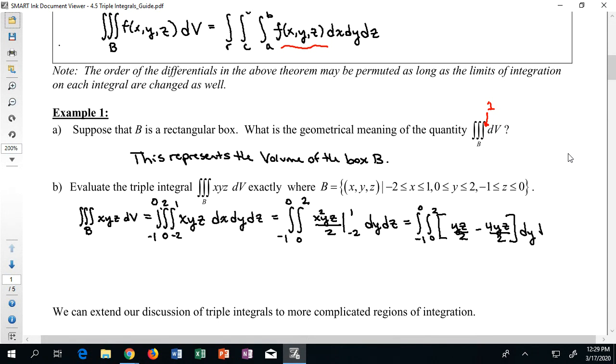Now, I could simplify this down a little bit further. I could write this as, let's see, it looks like I have -3 halves yz.